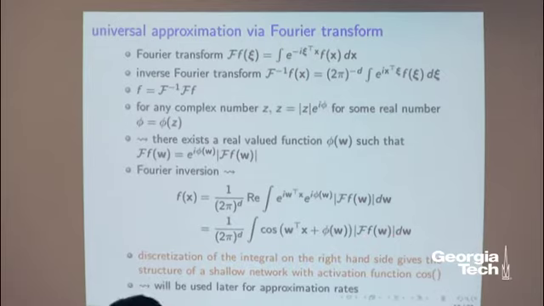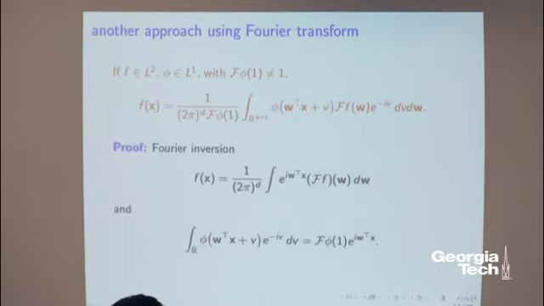But if you want to go directly to any activation function, you can use this representation, which leaves you the possibility to take any phi. It doesn't need to be the cosine, but phi has to be in L1, and the Fourier transform of phi at 1 has to be something different than 0. It should be not 0 here, so it's a typo, such that you can divide through this number.